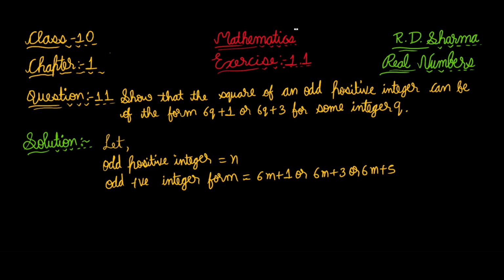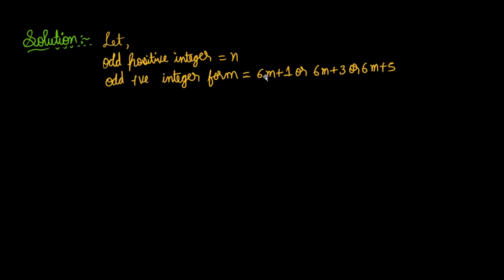So moving towards the first case, we will take the square as it is given in the question. So n square is equal to 6m plus 1 whole square. So we will expand a plus b whole square: 6 square is 36m square plus 2 into 6, 12m, plus 1.